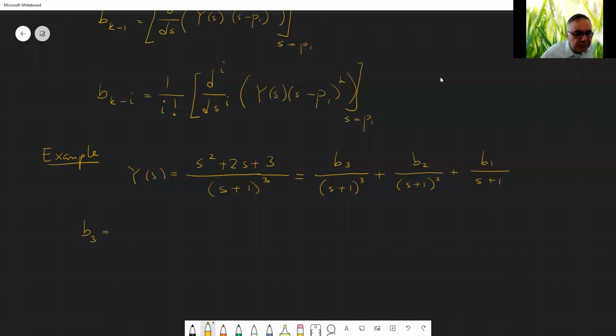B3, this coefficient, is simply Y of s multiplied by s plus 1 cubed, evaluated at s equals minus 1, which is s squared plus 2s plus 3 at s equals minus 1, which comes out to be 2.